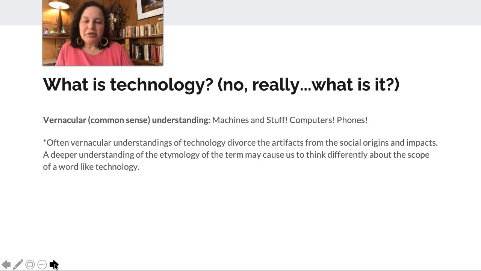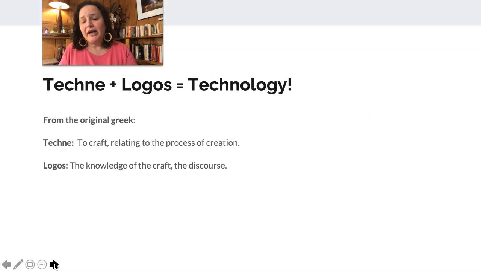So one of the things we can do to get a deeper understanding of what technology is at the most basic level is to think about even the etymology of the word. Of course, the word would take us back all the way to the Greeks, believe it or not. And it's got two roots.